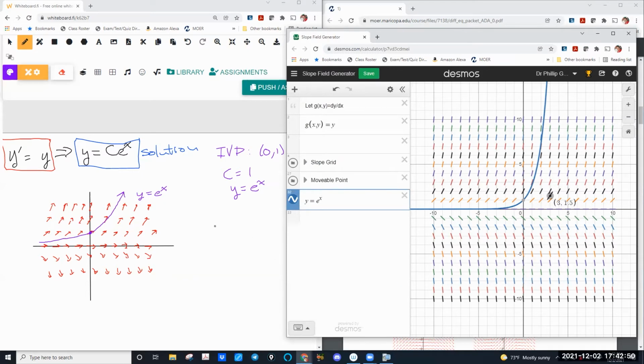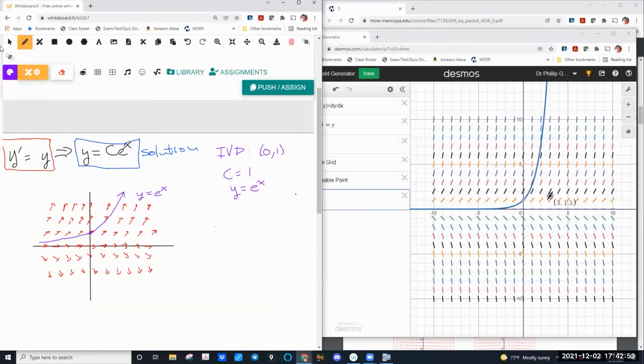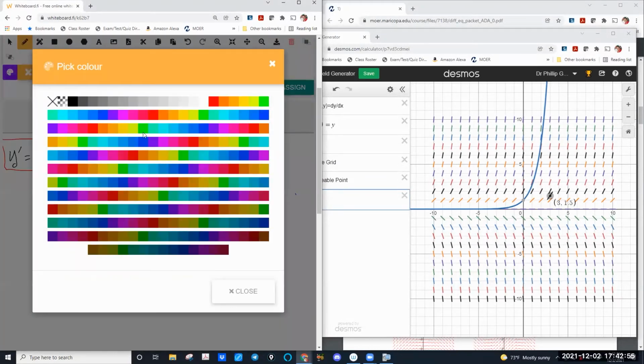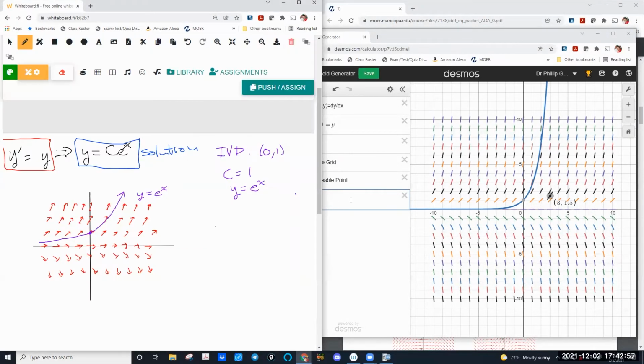If we did another one, let's say we had an initial value problem where it has to go through 0, -3. X could be anything; it doesn't have to be at 0. Well, in this case, that would make a C of -3, so y equals -3 e to the x.